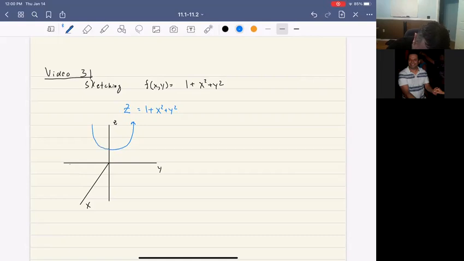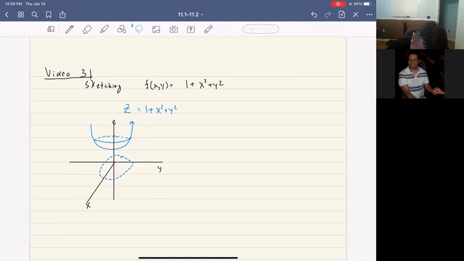So it's going to look the same all the way around. Let me actually move it a little bit, and then it'll be almost perfect. There, that's better.